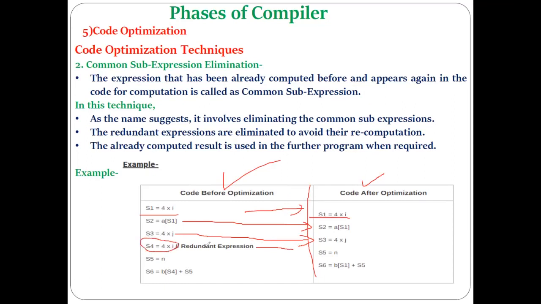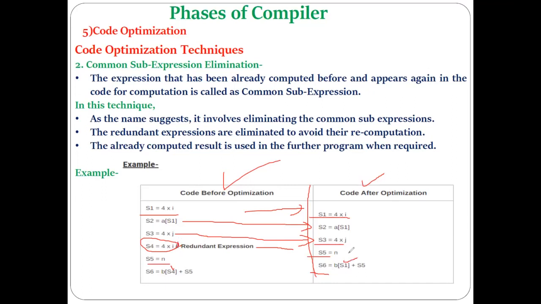Now this is redundant. There is no need to write it again, so it is eliminated here. And directly we have written s5 equal to n and s6 equal to b of s1 plus s5. Because we have eliminated s4, you cannot write s4 again here, so instead of that you write s1.